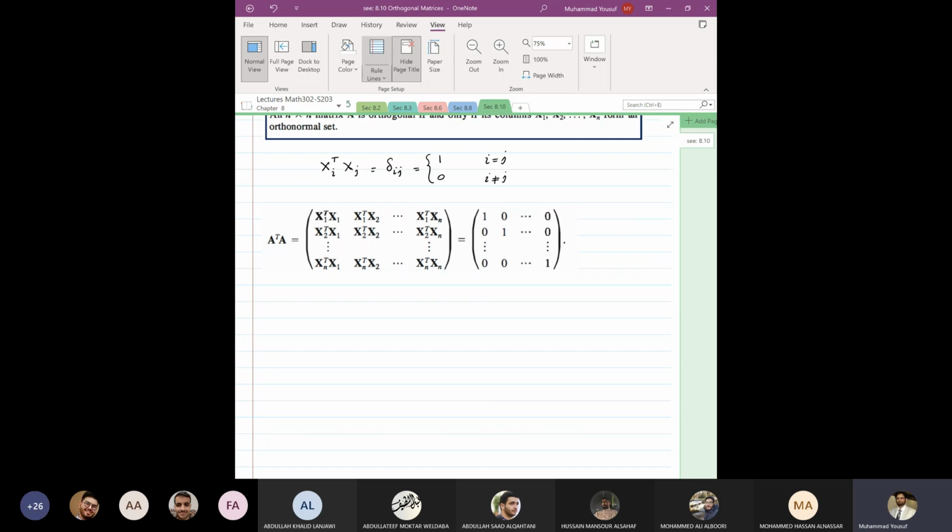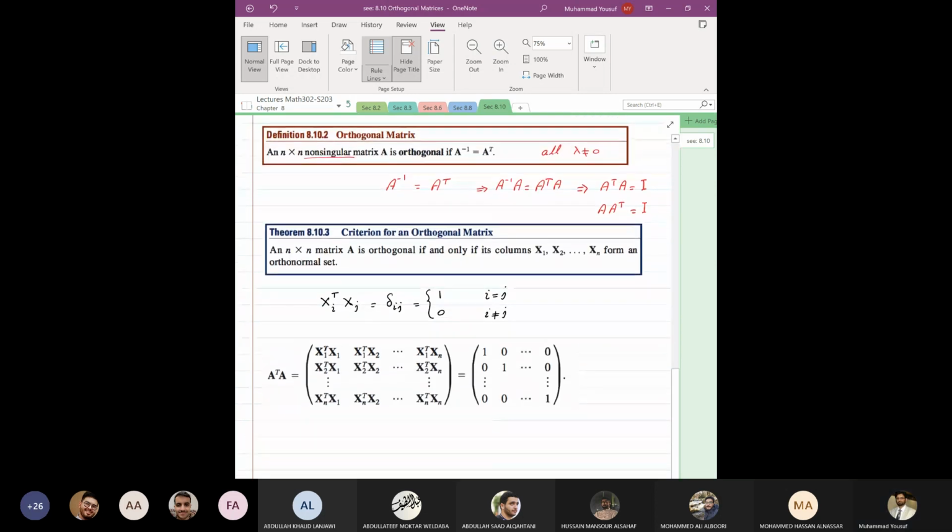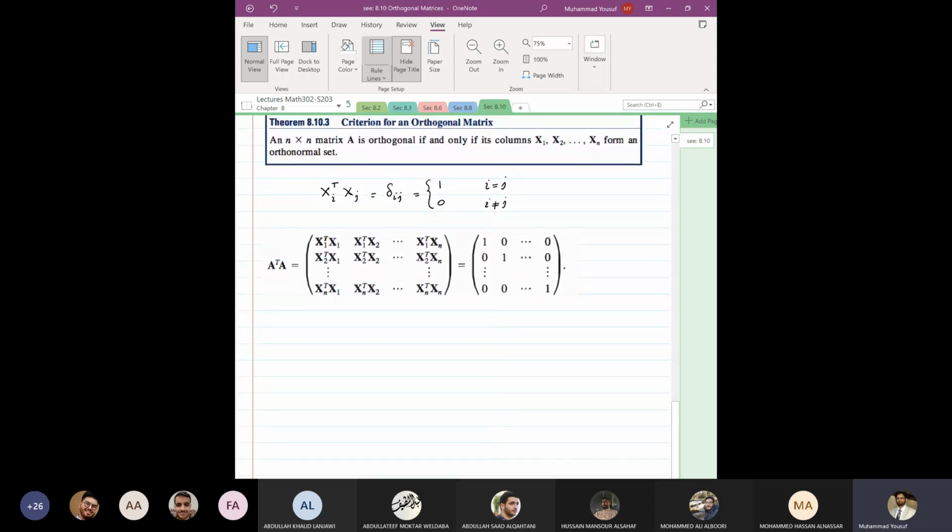if we have eigenvectors given, if we have eigenvectors given for a matrix, we can construct an orthogonal matrix.